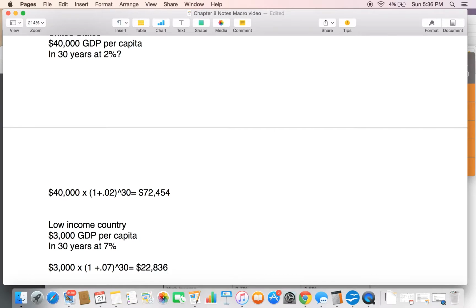So even though one country has been growing only at 2%, it started out with a much higher GDP per capita. And the effects of compounding have really increased that GDP per capita all the way to $72,454 per person.